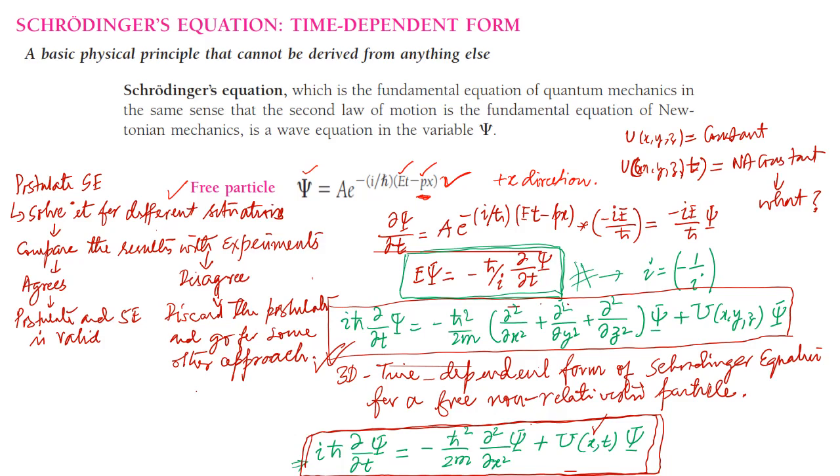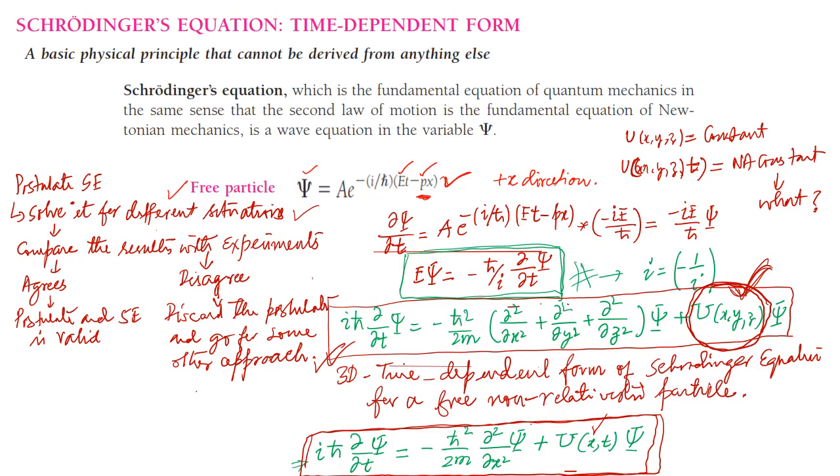And if the particle is not free, restricted under certain force, the restriction comes in the potential, and depending upon that potential, we postulate our Schrodinger equation, and solve it for different situations. Different situations means for different potentials, and compare our results with experiment.